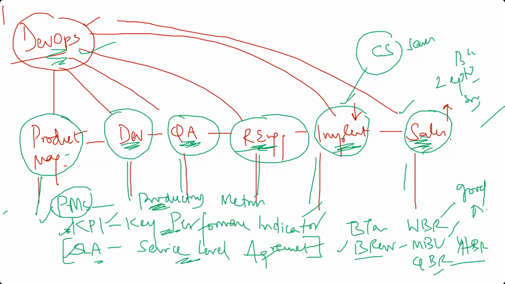Otherwise they'll show bad growth. So this is how a typical organization structure relies on productivity metrics, KPIs, and SLAs. These vary from company to company, business to business, use case to use case.